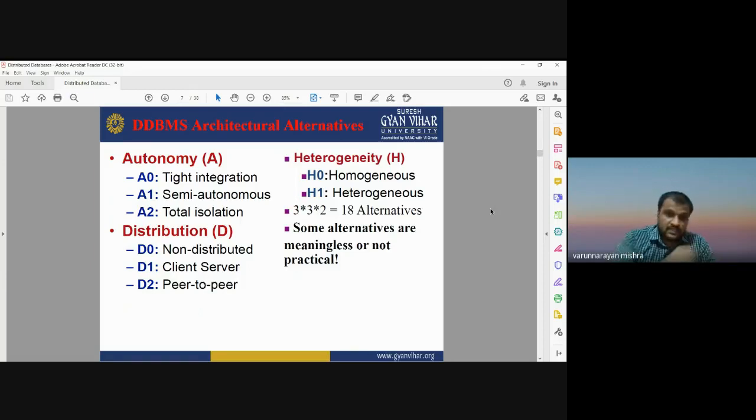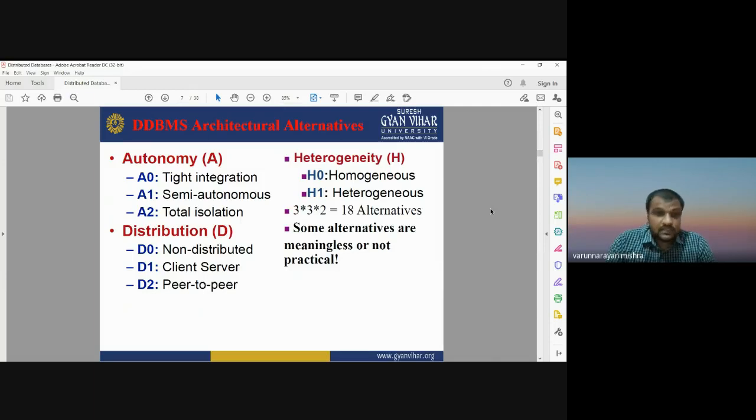If it is semi-autonomous, meaning some part is autonomous and some part is not, a 50-50 split, then we define it by A1. And if the data is completely autonomous, completely independent, then we indicate it by A2. So depending on its autonomy, we may define it by three different symbols: A0, A1, and A2.